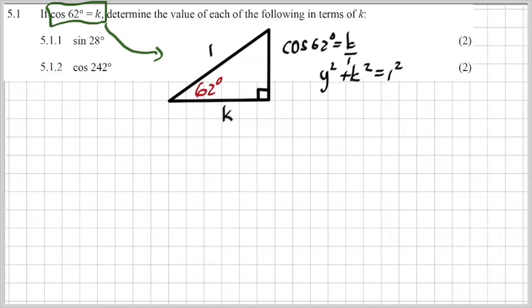Now I want to calculate the missing side using Pythagoras. So our missing side, our y value, is root 1 minus k squared.